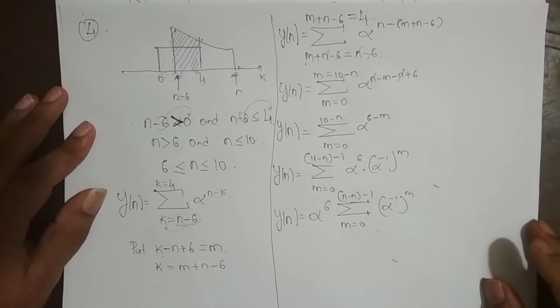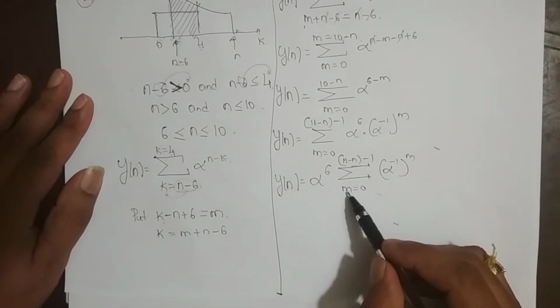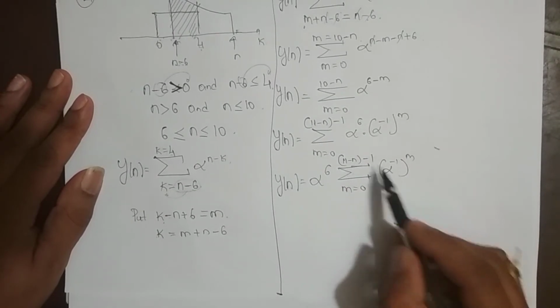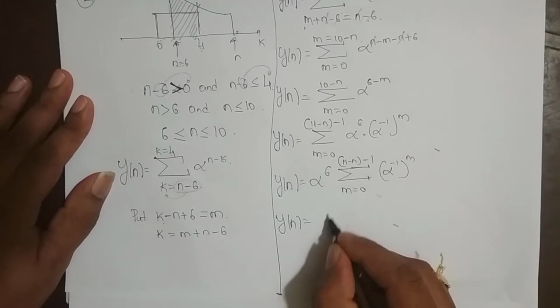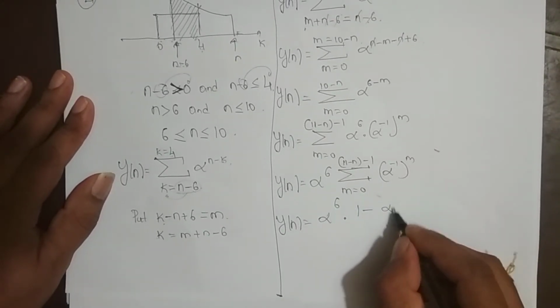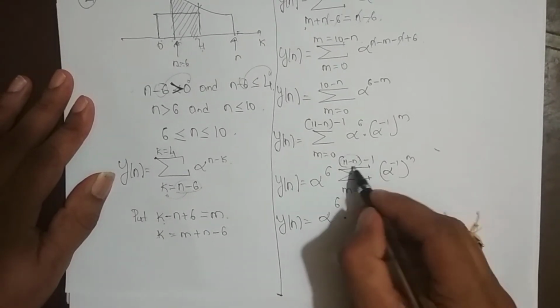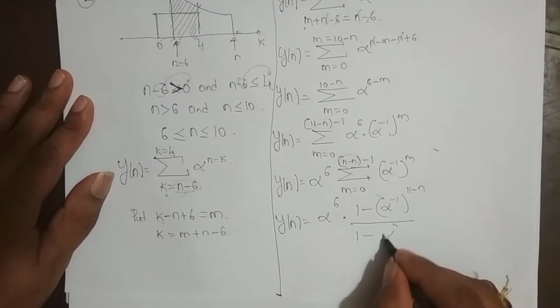Okay, now this is in the form of summation n varying from 0 to n minus 1 alpha power n form, right? So the right hand side is what? Alpha power 6, I'll put it same. So it is 1 minus alpha power this term, 11 minus n term, whole divided by 1 minus alpha.